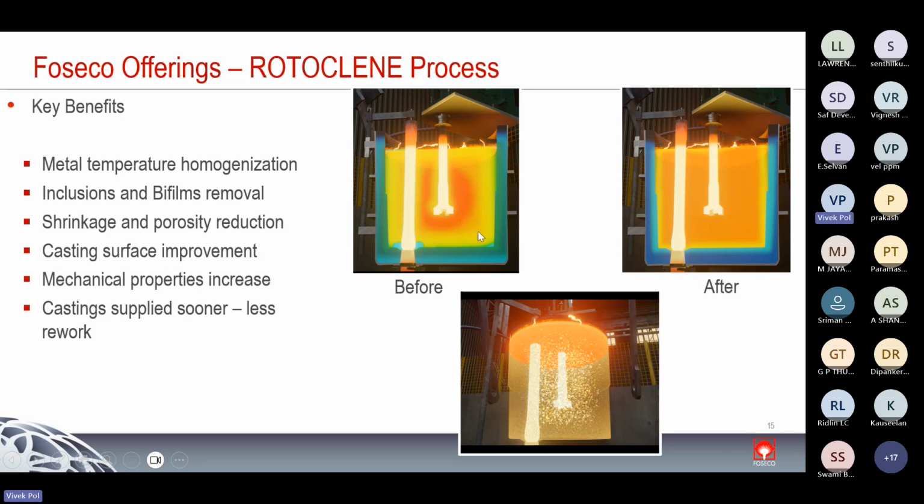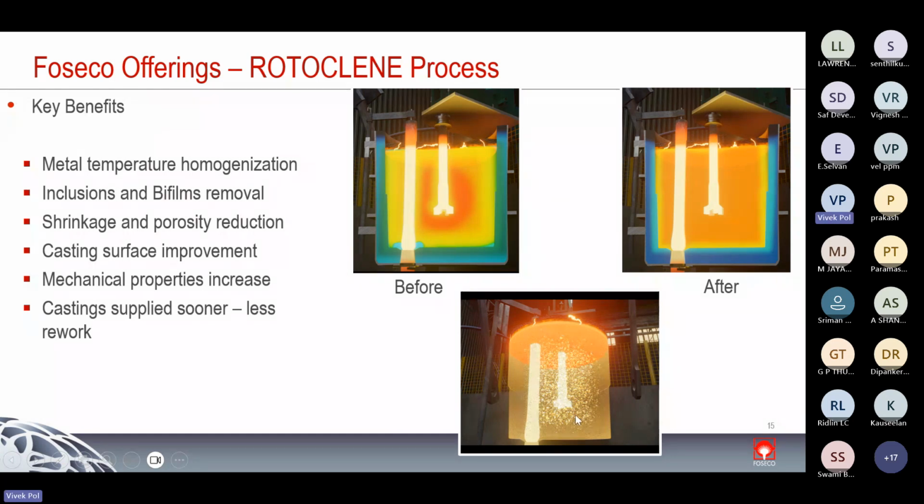Because of this system, we are stirring the rotor, and it actually makes the temperature homogenized. You can see after rotation, after treatment, at any point in the ladle, the temperature is very much similar.